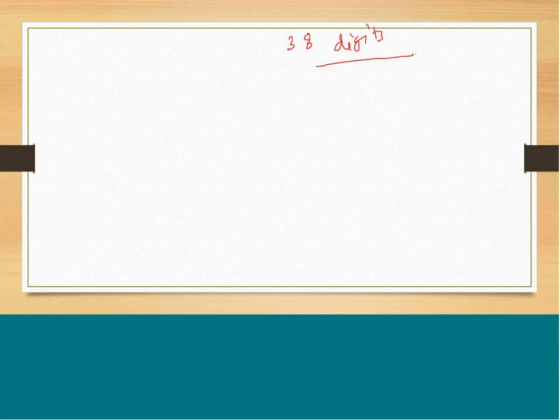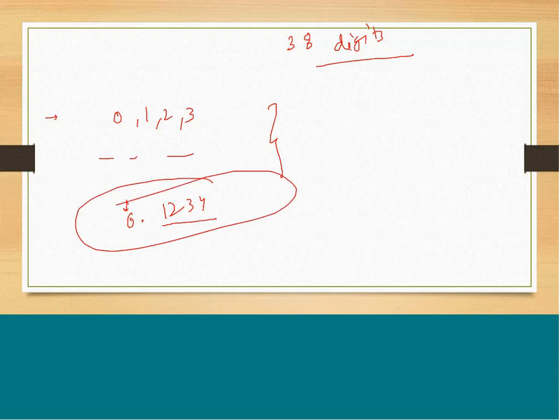So what will be the valid values in numbers? 0, 1, 2, 3, and so on, all the integers. This will be the fixed point. If we are talking about floating points, we can have up to 38 digits of precision. So we can have 1, 2, 3, 4. Is this a valid value to be stored in number? Yes, it is.